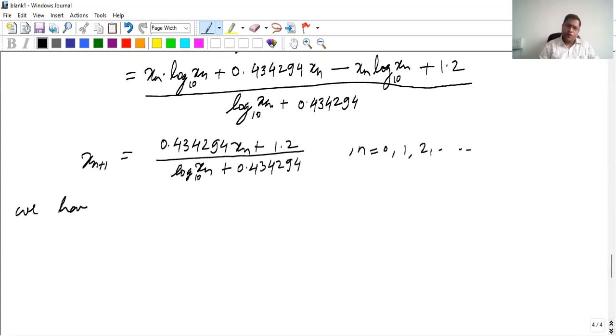So we have x0 is equal to 2.5. Is that okay? Are you getting this? Okay, so now write down this numerator.